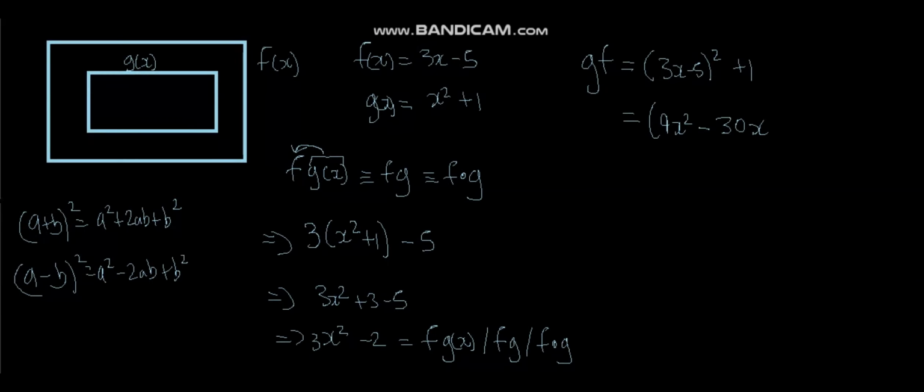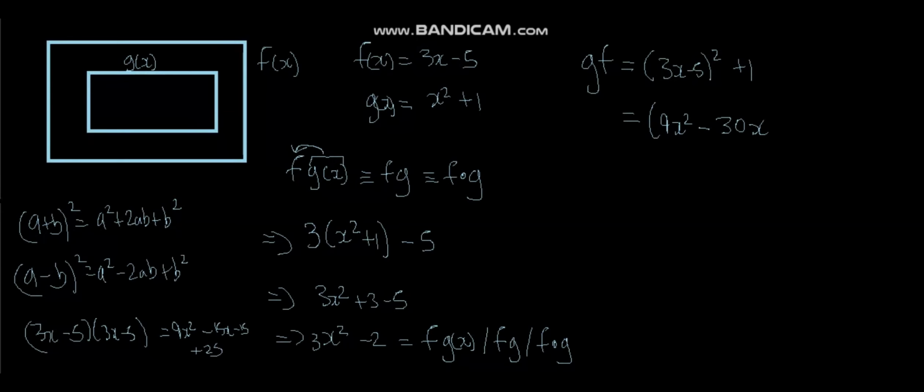Let me just verify this expansion by hand here. 3x minus 5 by 3x minus 5. 3 by 3 is 9x squared, minus 5 by 3x is minus 15x, minus 15x again and positive 25.